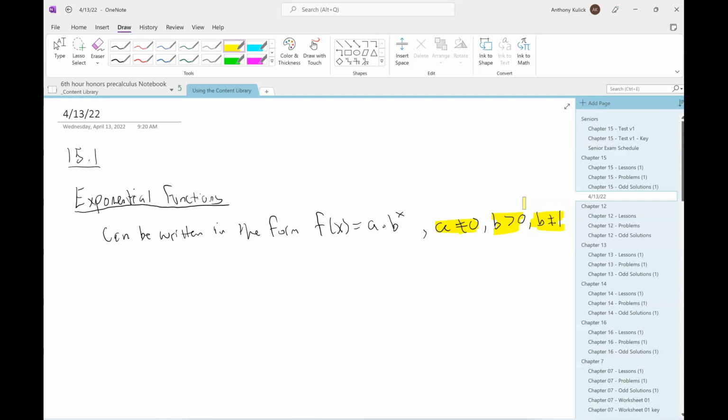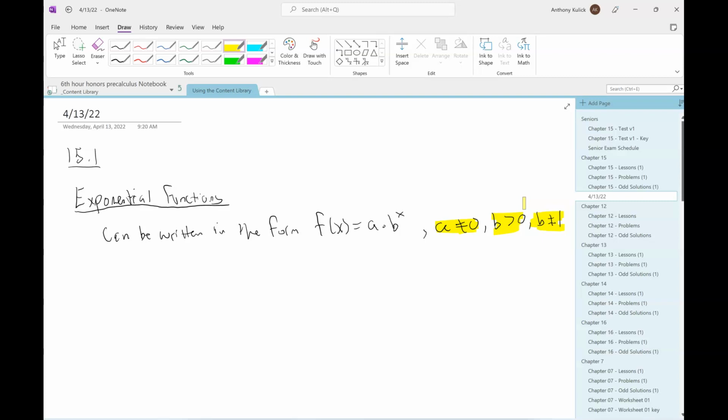Not squares. Not to the first. Fractional exponents. Specifically, things like 1/2, 1/4, 1/6. Why are those a problem?